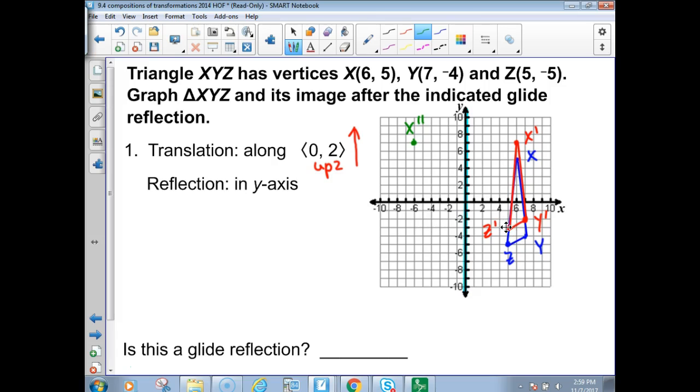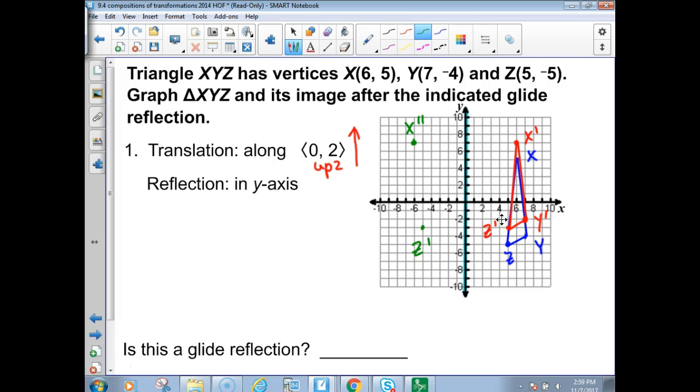And I'll do the same thing with the other 2 points. I'm 5 away for Z, and I'll go 5 to the left for Z prime. Y prime is actually 7 to the right side of, did I say left a minute ago? I want to make sure I'm saying that right. Z was 5 to the right. You needed to go 5 to the left, staying perpendicular to the y-axis.